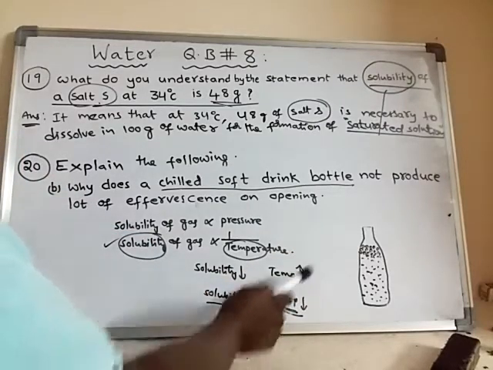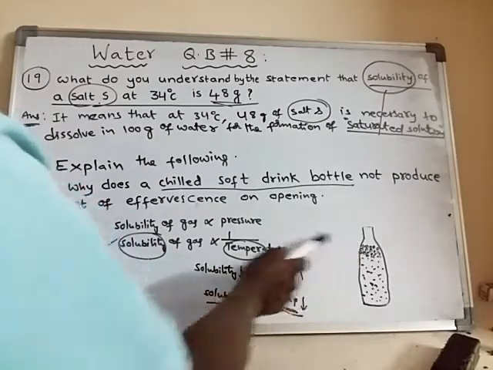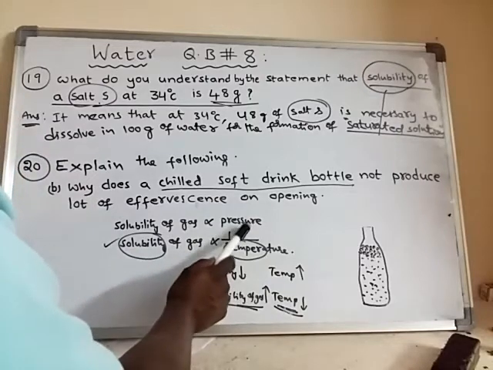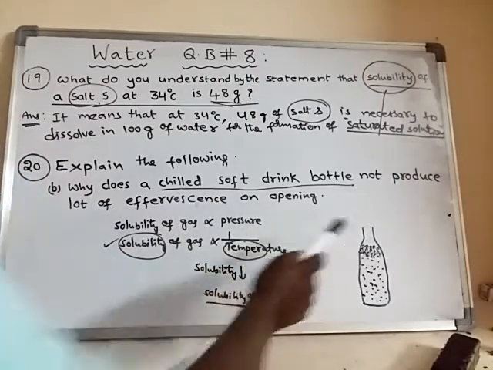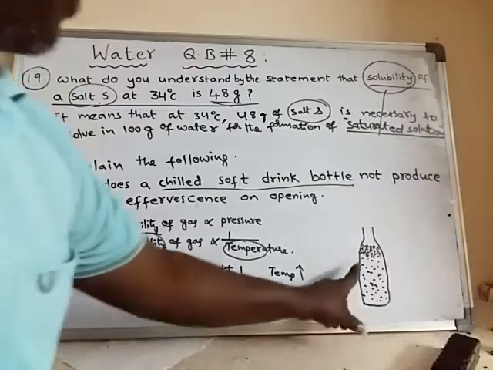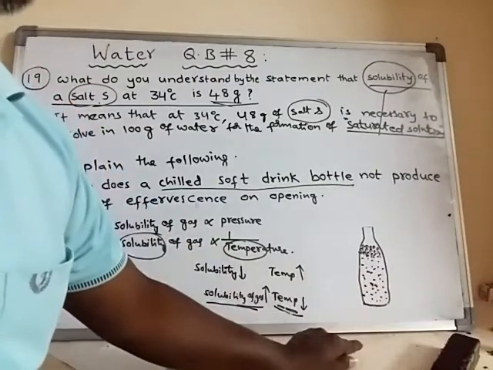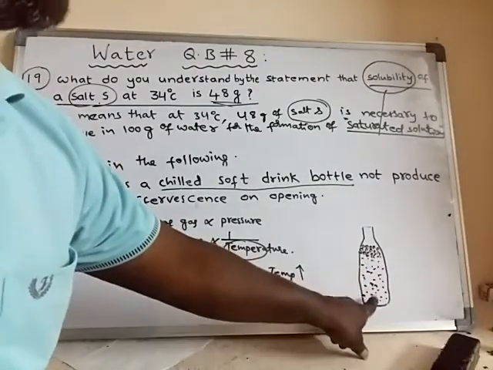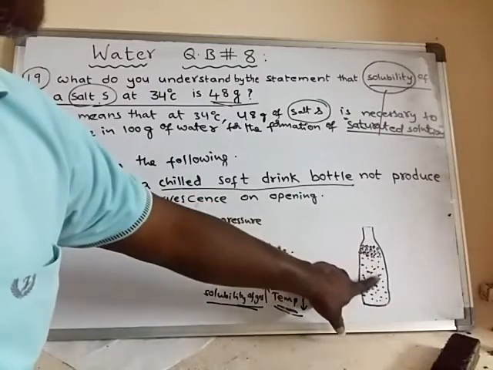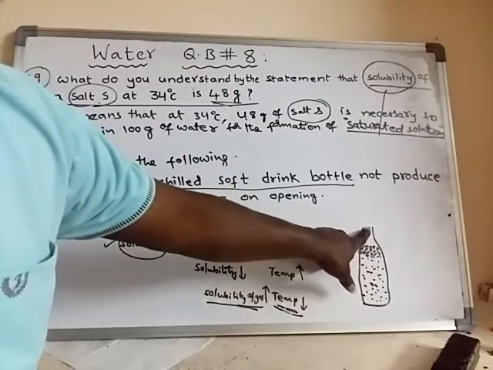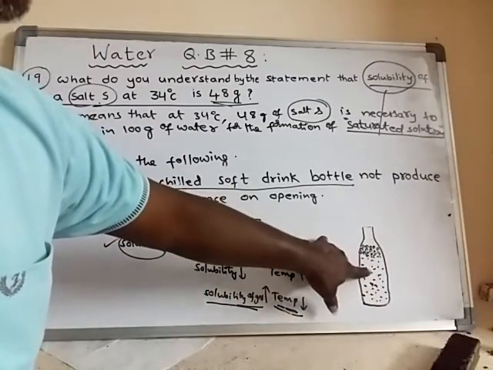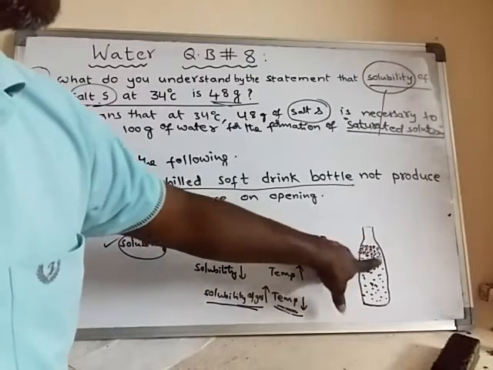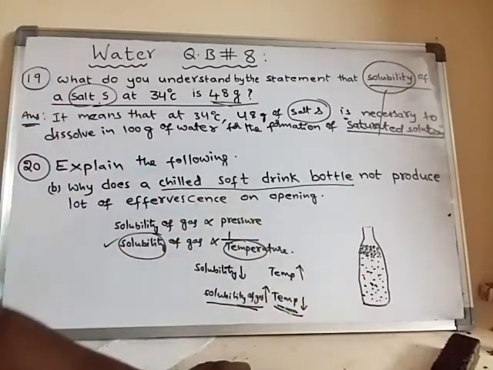Though pressure is decreased, and whenever pressure is decreased effervescence should be more, here at the same time temperature is low. Temperature is low and pressure is decreased. So due to this, the amount of effervescence will be less. Okay, that is the reason.